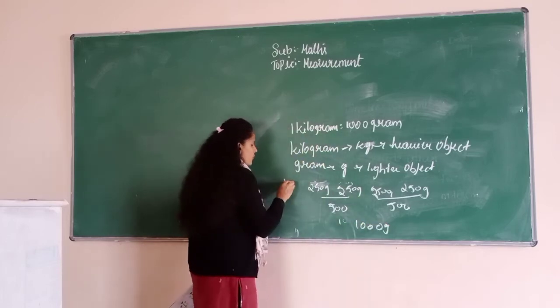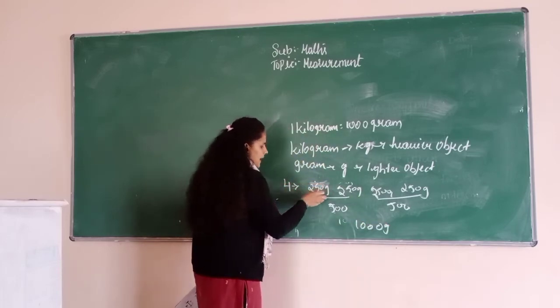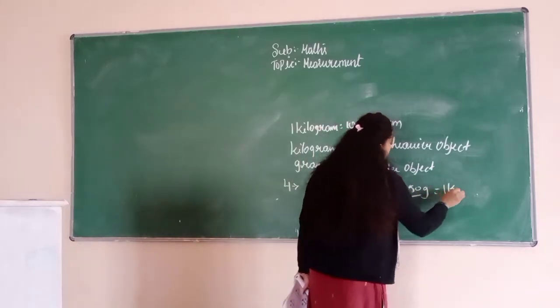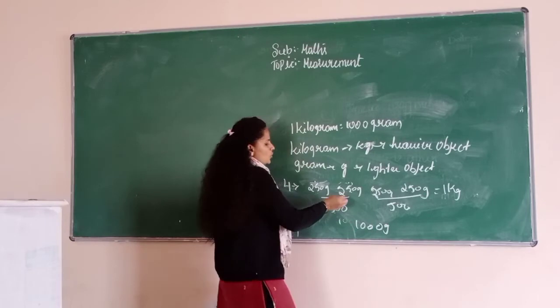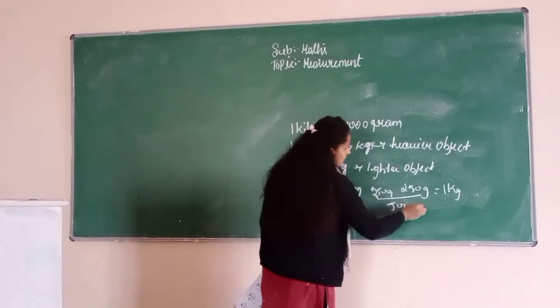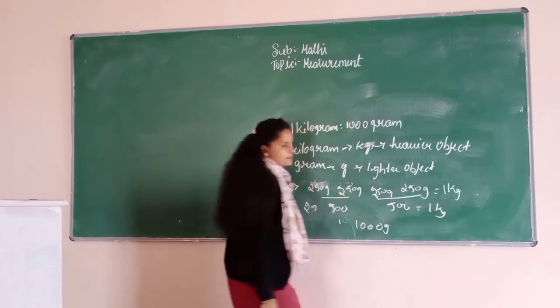If we put 4 weights of 250 grams, it will become 1 kg. If we put 500 grams weights, it will become 1 kg.